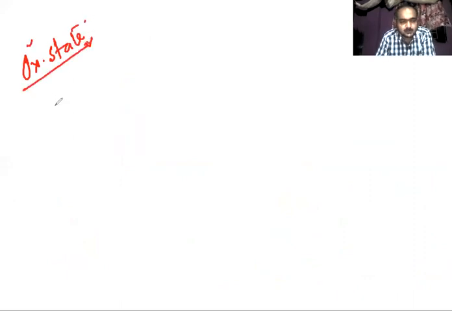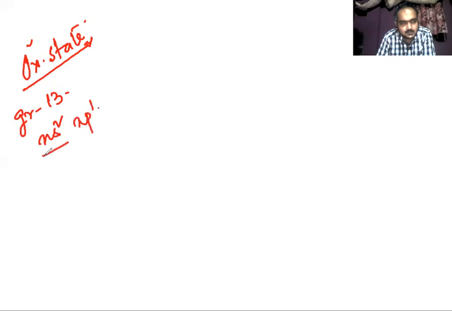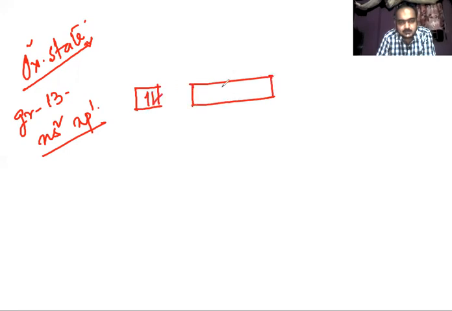The electronic configuration of group 13 is ns2 np1. You can see the electronic configuration is like that. Now what happens?